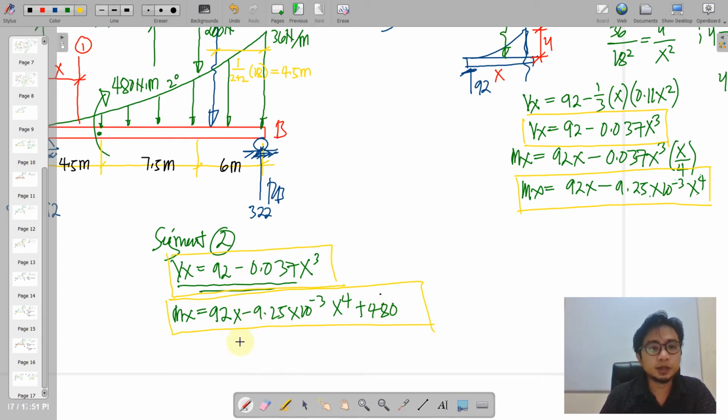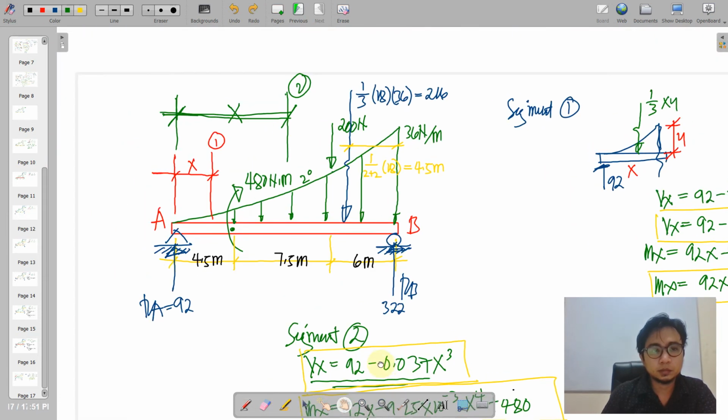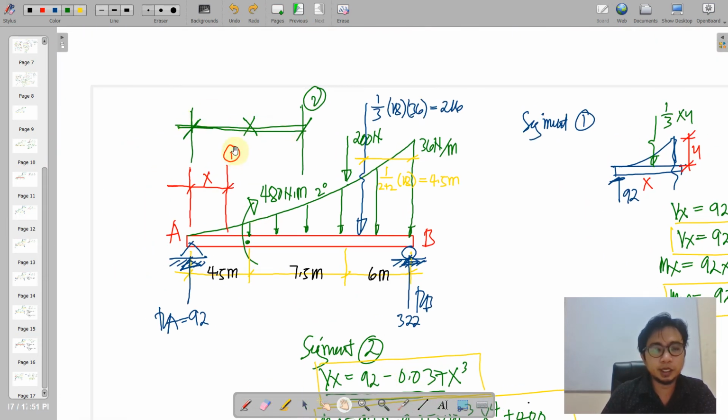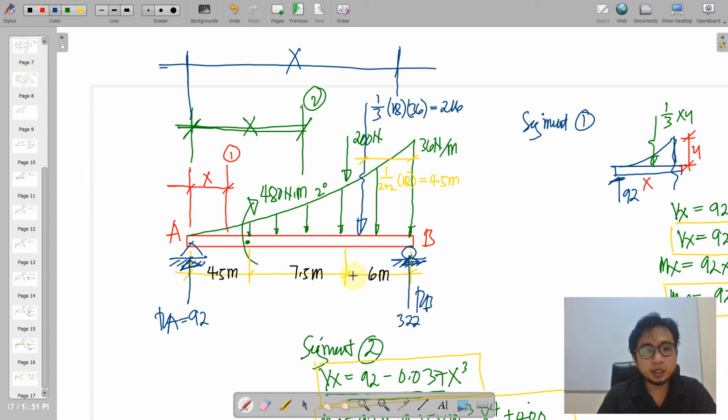And then for segment 3, we extend x from the boundary at the end of 7.5 and on. As an update, the variation on the second segment is just an additional 200 here, which will affect our shear equation but not our moment equation.